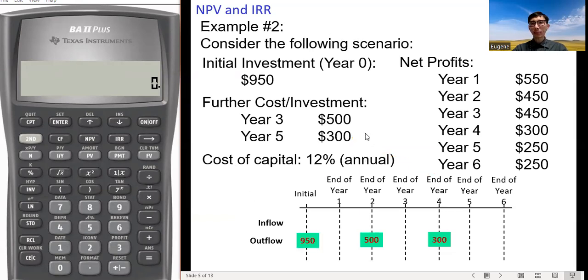And then the net profits, 550 by the end of year 1, and then 450 by the end of year 2 and 3, and then the remaining profit by the end of year 4, 5, and 6 respectively, $300, 250, and 250.